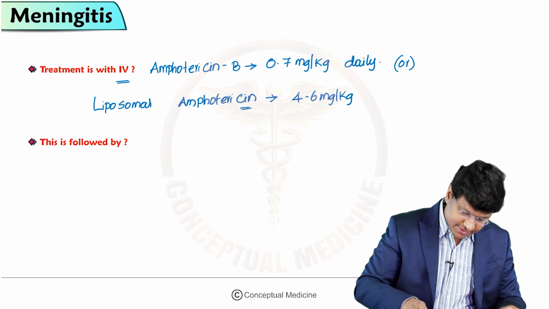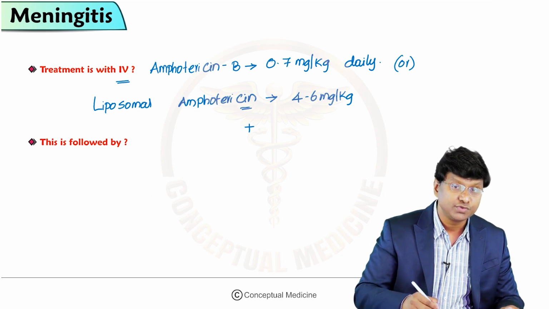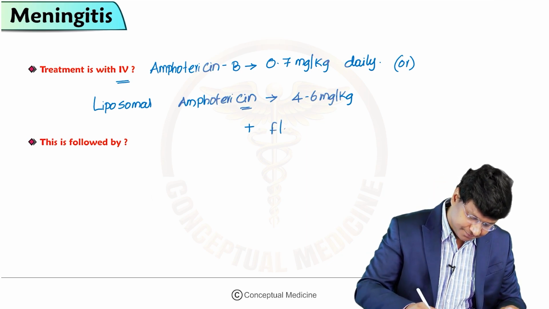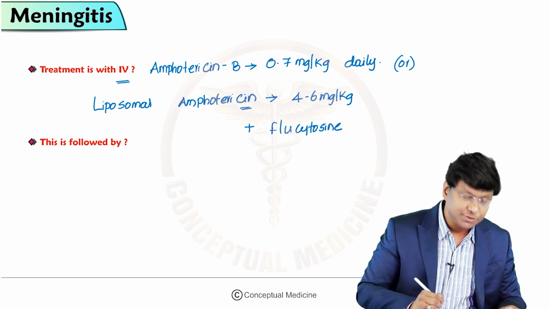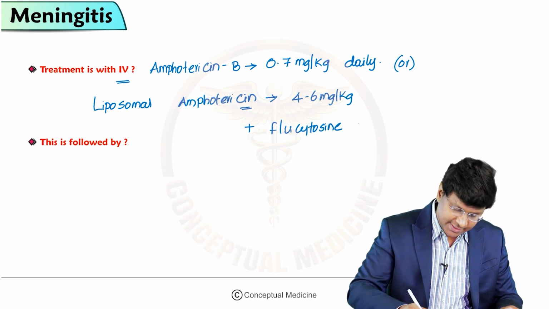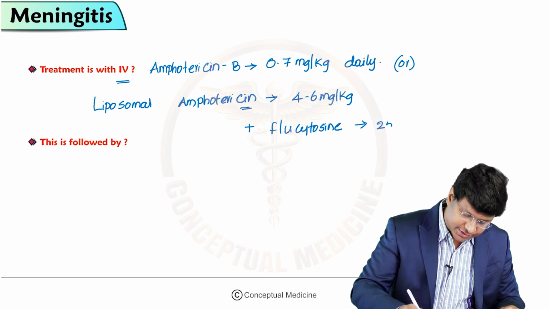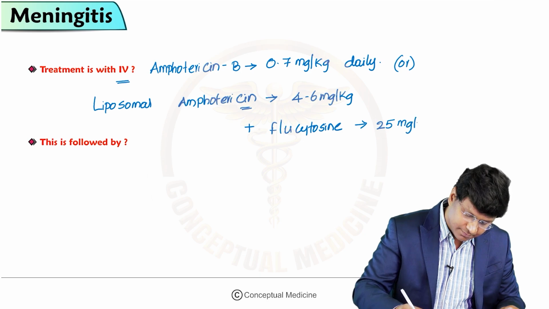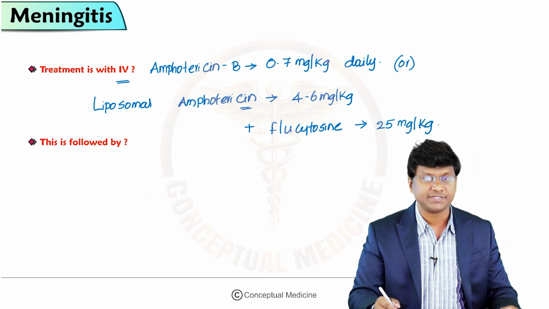And this amphotericin should be given along with flucytosine. The dosage of flucytosine is 25 milligrams per kg.